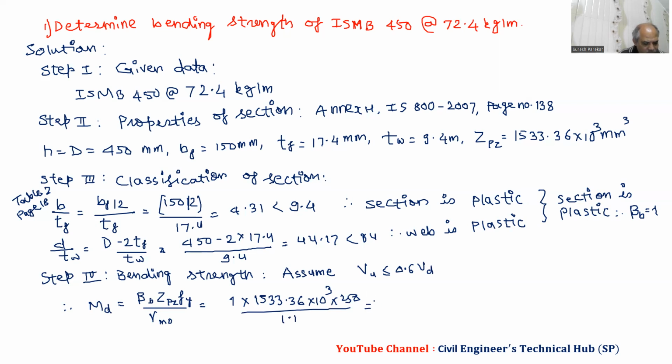It comes 348.48 into 10 raised to 6 Newton millimeter, and therefore design strength is equal to 348.48 kilonewton meter. So this is our answer.